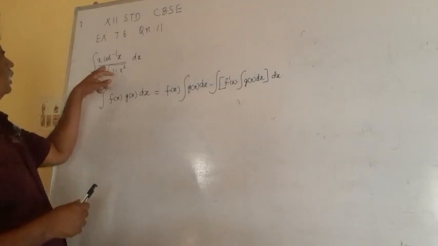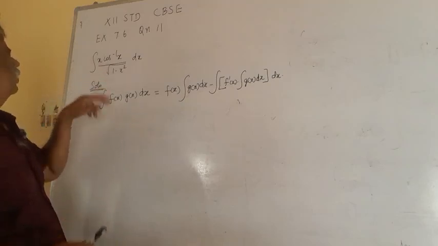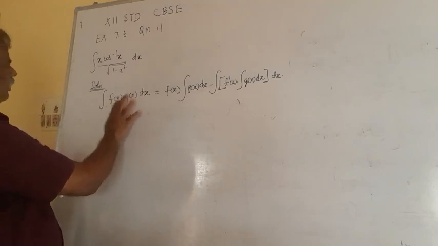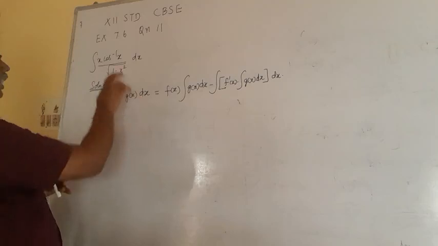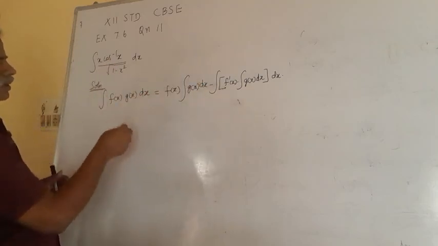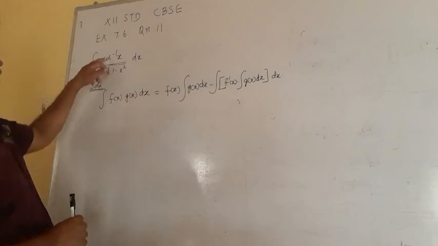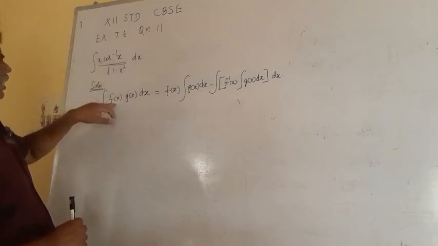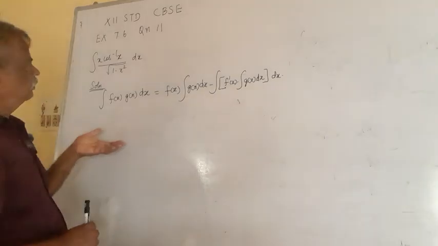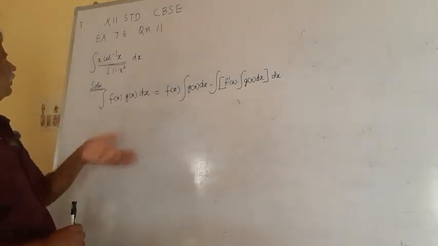Here there are two functions: cos inverse x and the algebraic function x by root of 1 minus x square. Here f of x and g of x. The second function is the one we integrate, and the first function is only differentiated. For our convenience, if cos inverse x is the first function f of x, it is easy to find its differentiation, because the differentiation of cos inverse x is minus 1 by root of 1 minus x square.